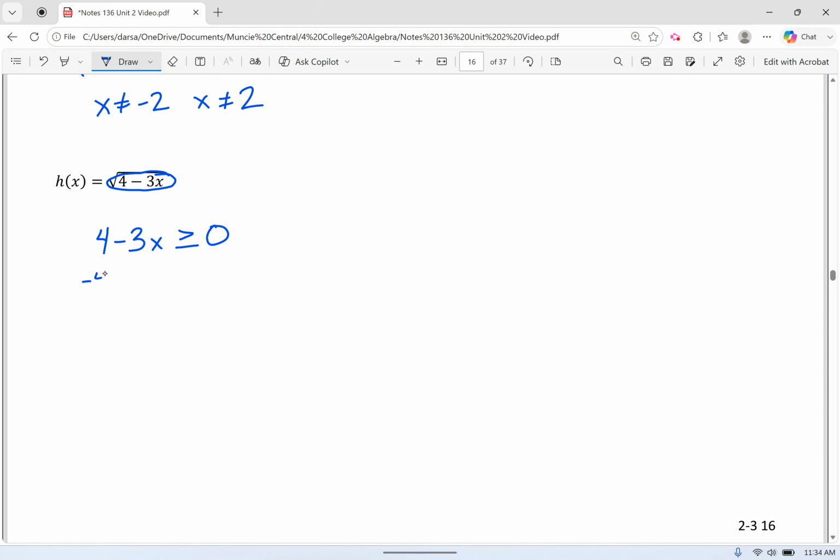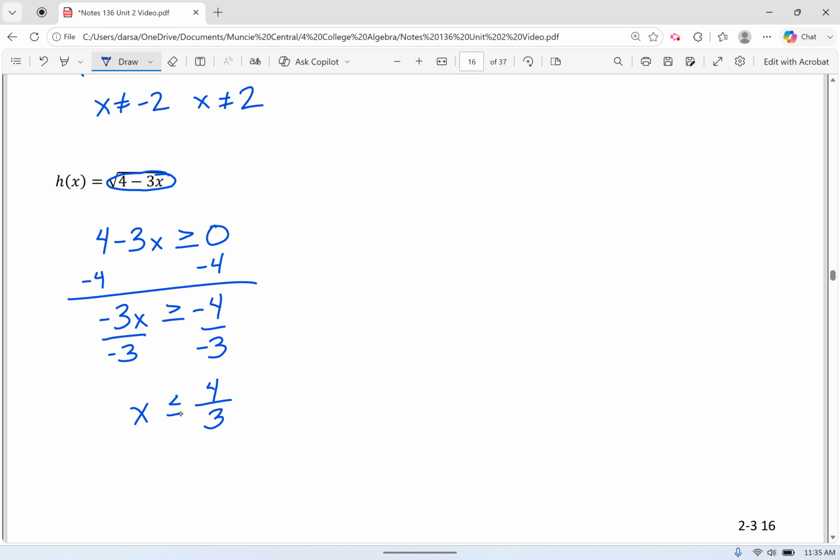And now it's just a matter of solving this problem using algebra. So we're going to subtract 4 from both sides, and then we're going to divide both sides by negative 3. This is a little bit of a tricky spot because we're going to get positive 4/3. But what did we just do? We just divided both sides by a negative. And what do we do when we divide an inequality by a negative?